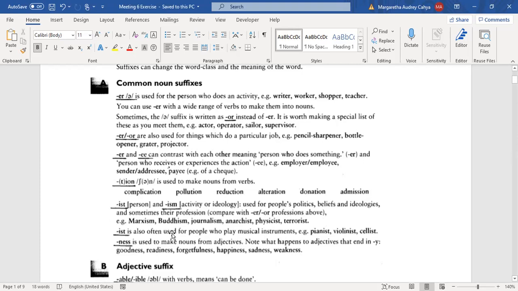Okay. Yes, it is. NESS is used to make noun from adjective. So, what has been written? Goodness, readiness, forgetfulness, happiness, sadness, weakness.